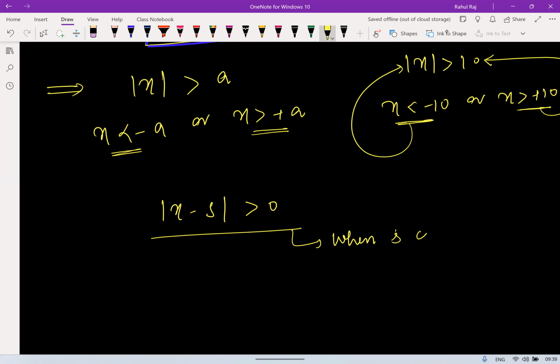I'm thinking. Mod of x minus 5 is greater than 0.